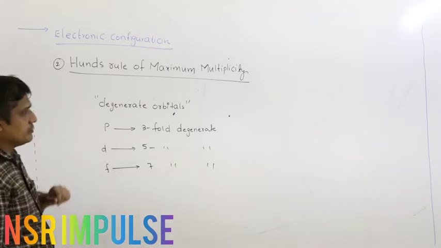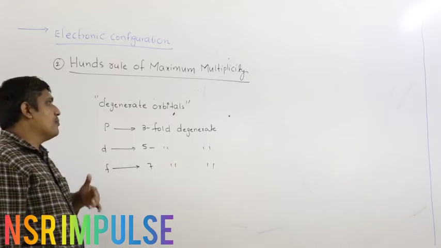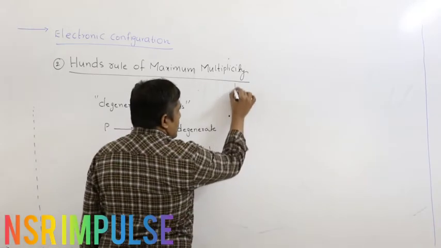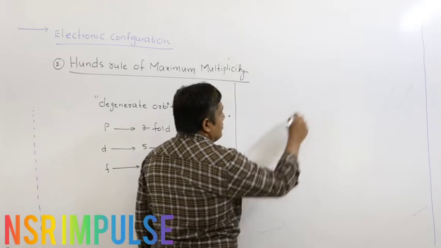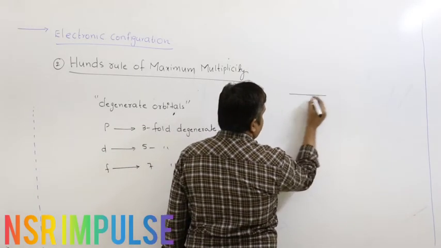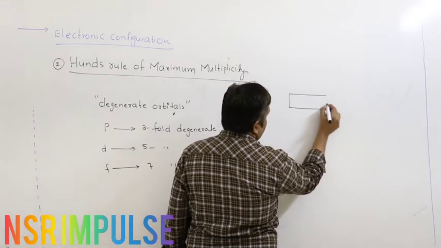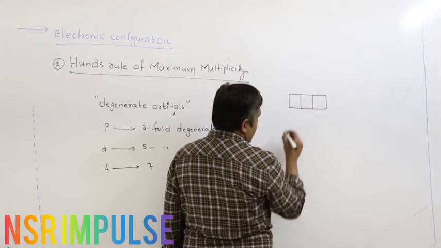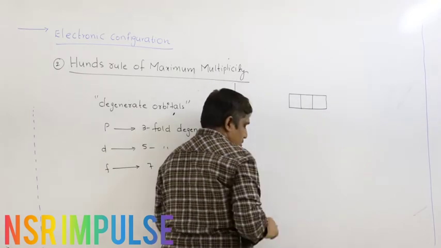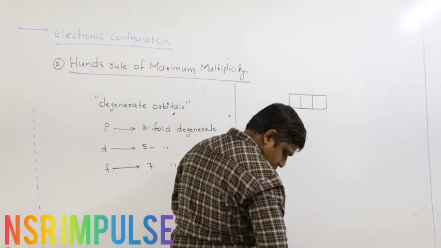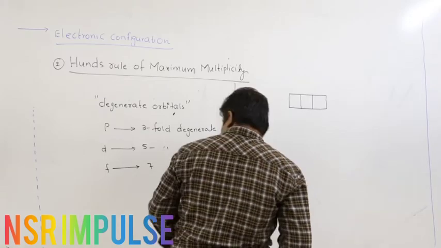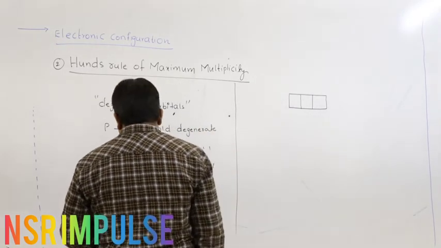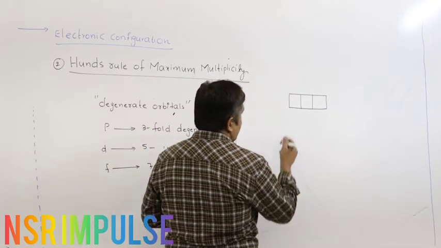So once again, we are talking about pairing, when pairing takes place in degenerate orbitals. Let us see one example. Suppose we have a p orbital. The p orbital is threefold degenerate, so the three p orbitals have the same energy. Let us assume that there is one electron.